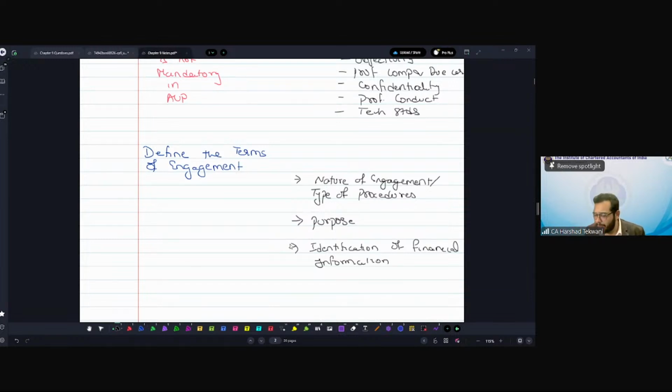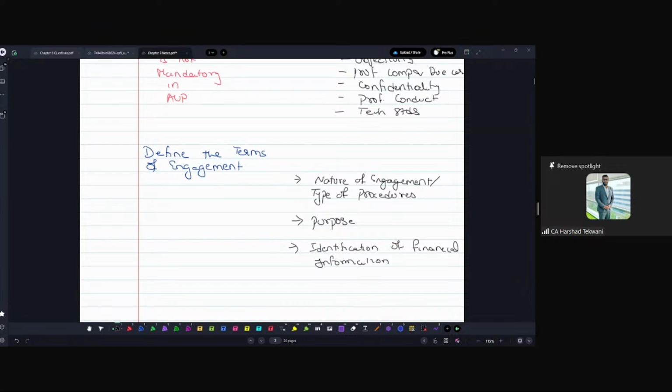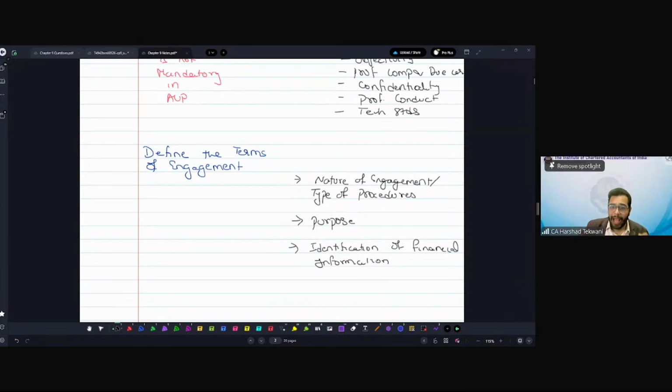Now, can anyone tell me why we are doing this identification? Why are we identifying the financial information in our engagement letter? Can anyone tell me? Why am I identifying financial information in my engagement letter?